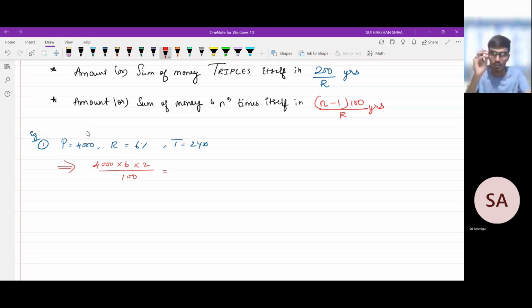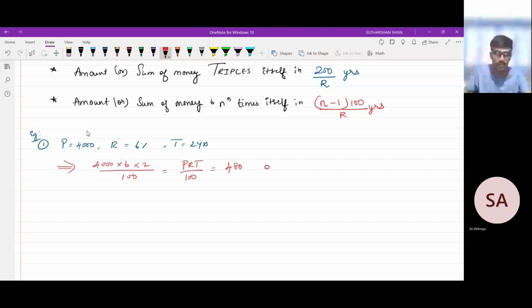First one, which formula are we using? PRT by 100. So take a calculator: 4,000 multiplied by 6, multiplied by 2, divided by 100. What is the answer? 480. This is one.